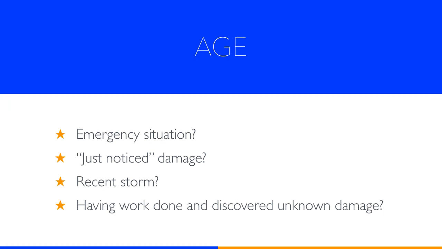If it's an emergency situation, and it's a good sized fish, chances are, if you have heavy competition in the area, there will be other public adjusters vying for that work. Any of the other three, probably not. Chances are it's because they've specifically sought you out.